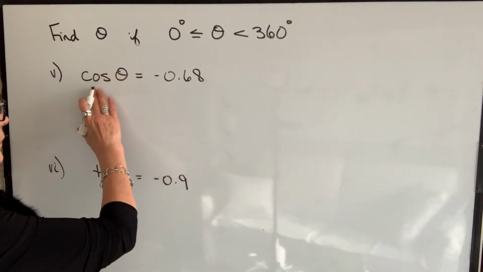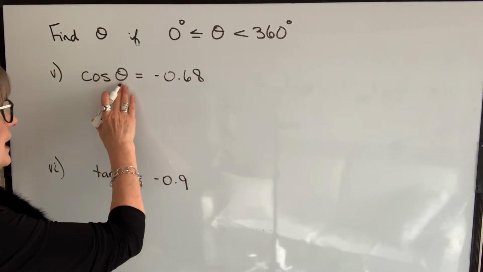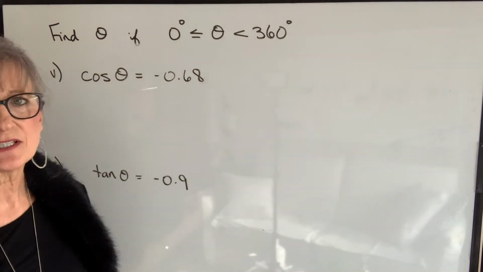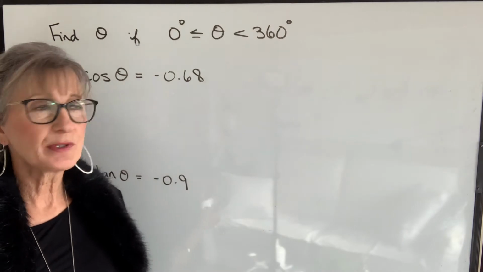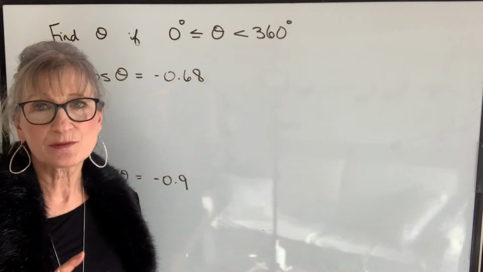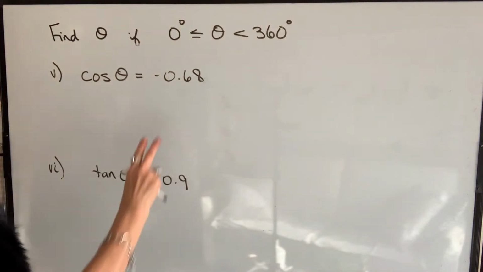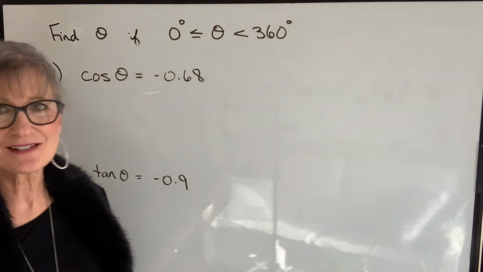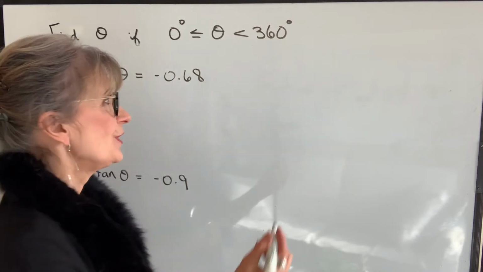If we had a question where cos of some angle is negative 0.68, we know that if we're looking in the 4 quadrants, there are 2 possible answers. So where is cos negative? The same place x is negative, which is in quadrant 2 and quadrant 3.